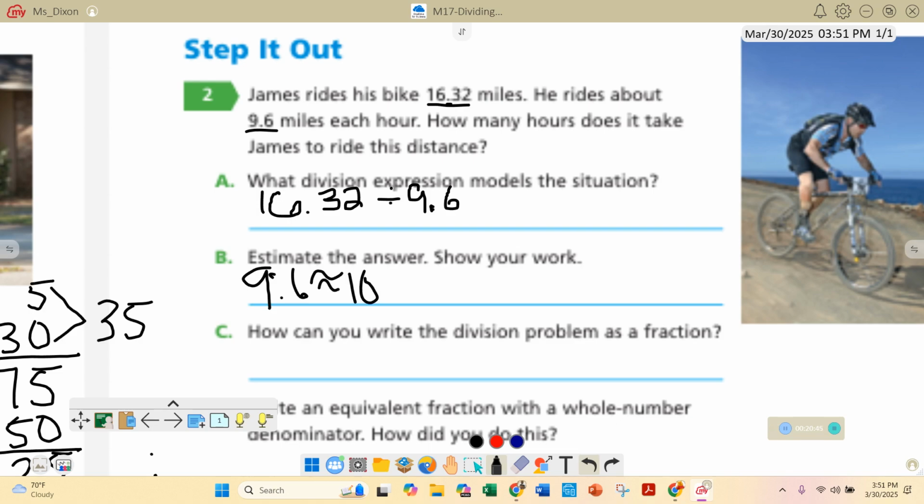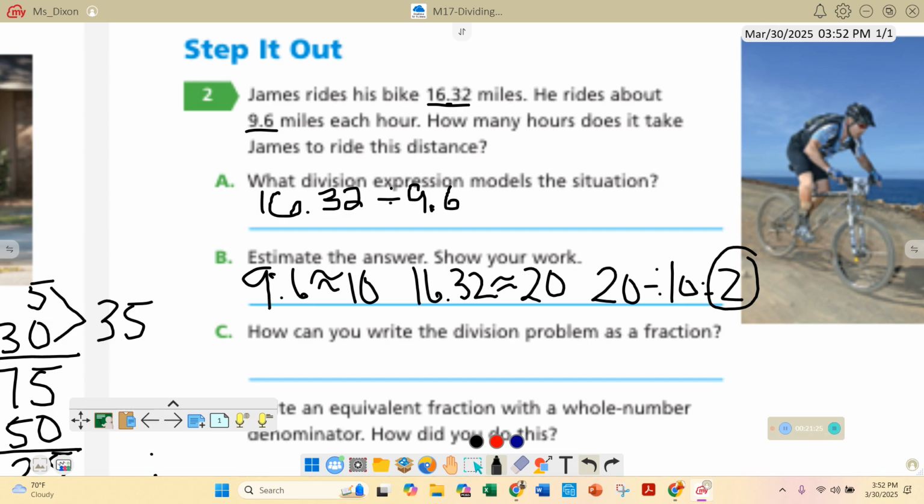What number is compatible to 10 that is close to 16 and 32 hundredths? How about 20? 20 is compatible and divisible by 10. So we're going to say 16 and 32 hundredths is about 20. So 20 divided by 10 is 2. So our estimated total is 2.